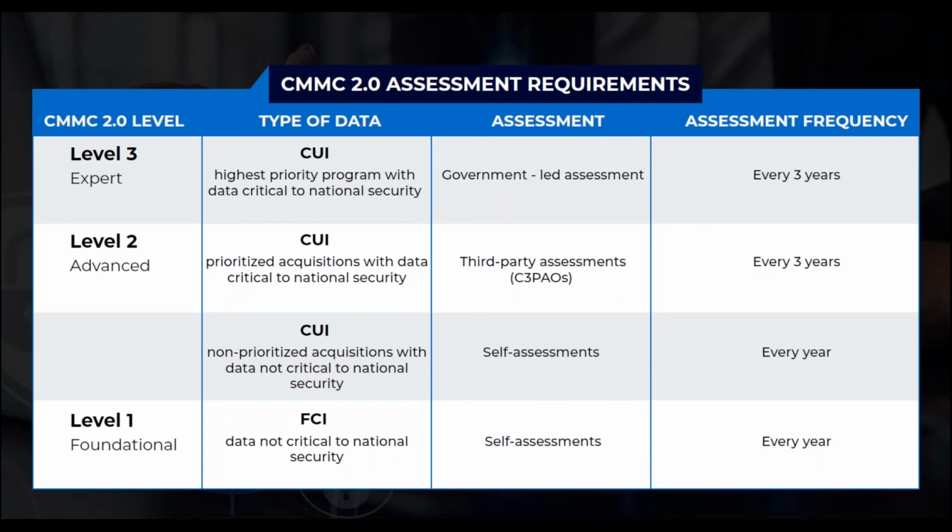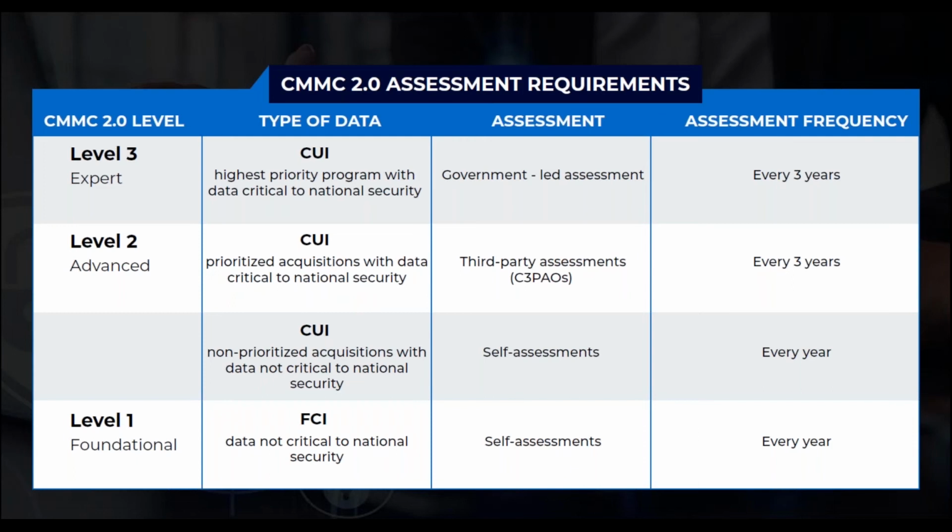CUI is controlled unclassified information, as we saw earlier, because CMMC applies to controlled unclassified information. So the highest priority is at the CUI level 3: it is the highest priority program with data critical to national security, the assessment has to be done by a government-led assessor only, and the frequency is every 3 years.